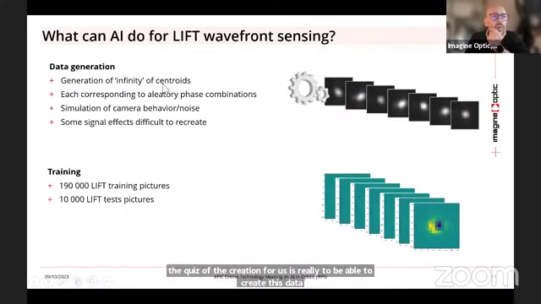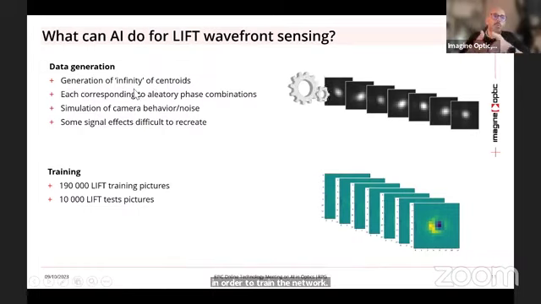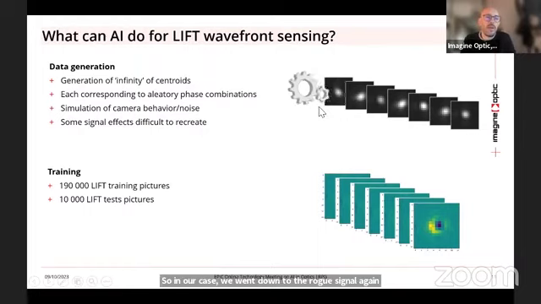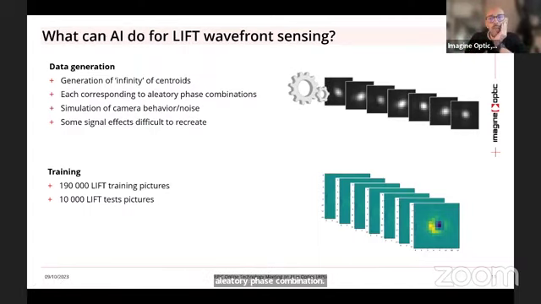So in our case, we went down to the raw signal, again, all our centroids, and we generated an infinity of centroids, each of them corresponding to a random phase combination. On top of that, we also tried to add some noise contributions, like the noise from the camera and so on.